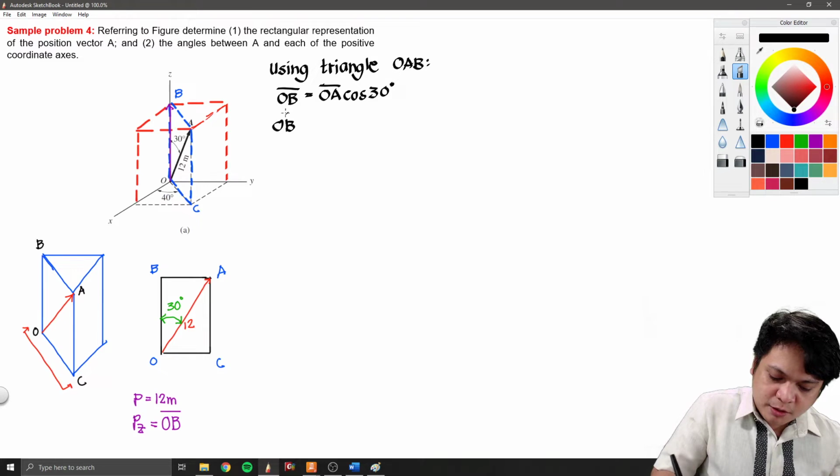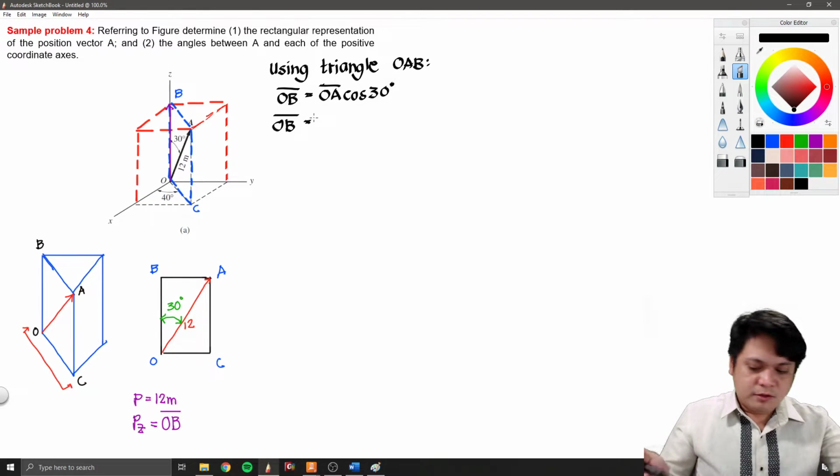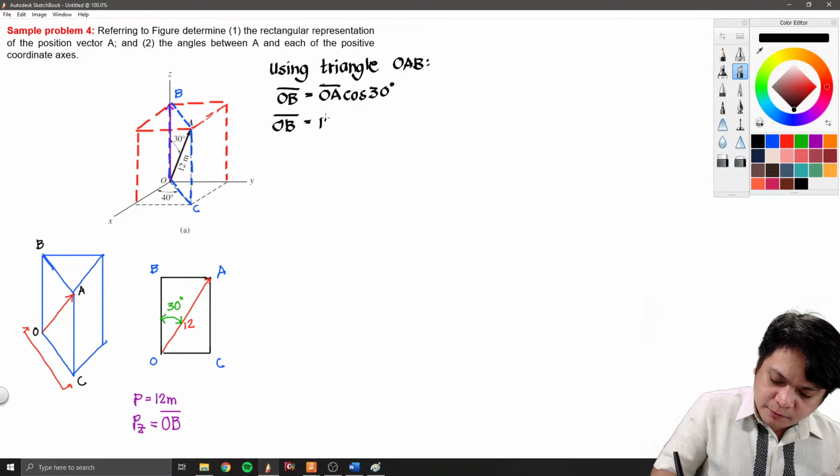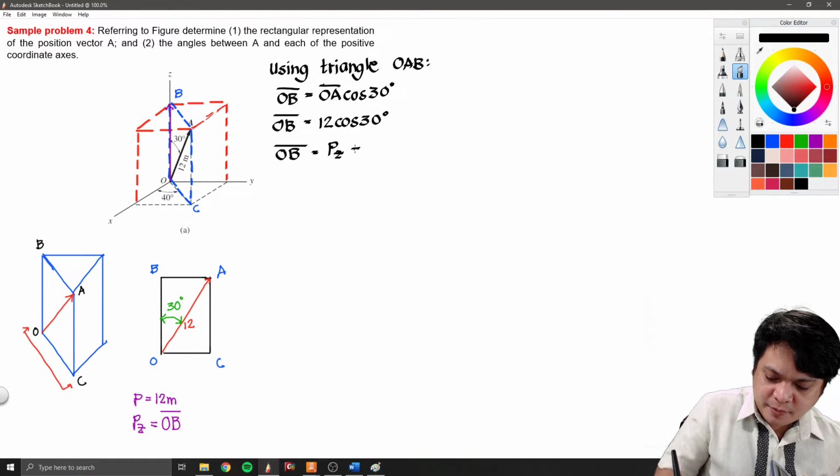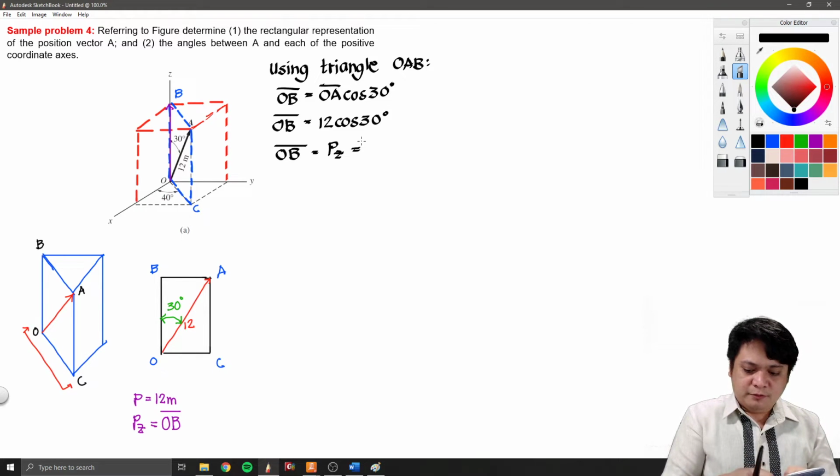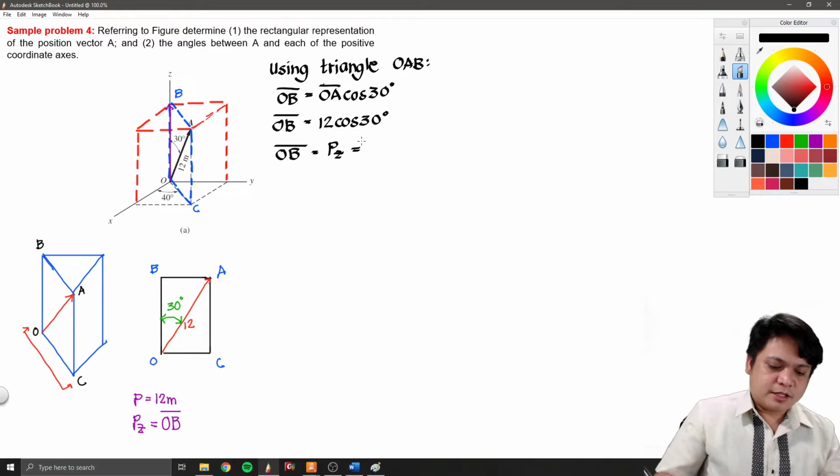So, OB equals 12 cosine of 30 degrees, and actually, ito na yung ating PZ. 12 cosine of 30, that's around 10.39 meters.